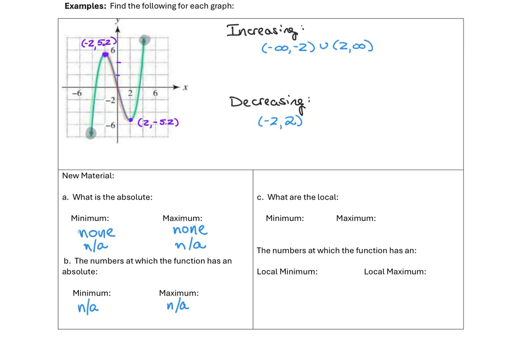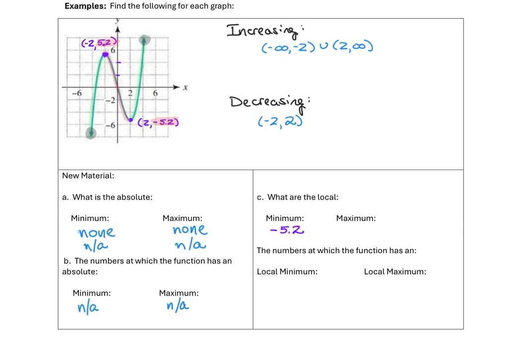On the other hand, we do have locals. And so remember that when we talk about what the local minimum and maximum are, this refers to the y-coordinates. Our y-coordinates are negative 5.2 and 5.2. So when we talk about the minimum, this is going to be negative 5.2.